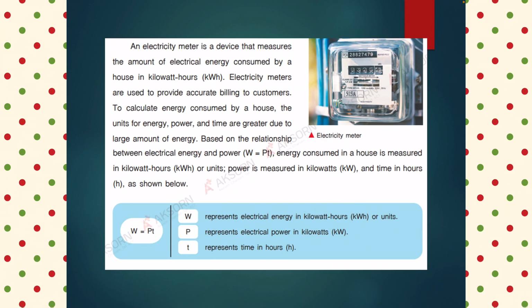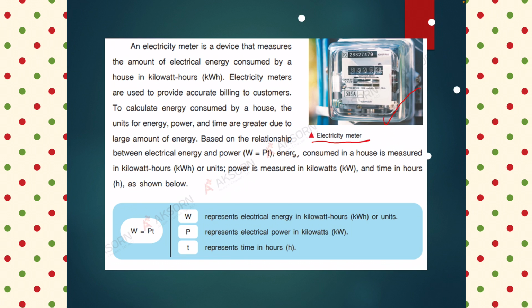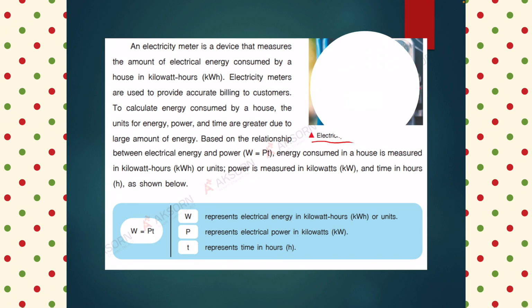Now let's move on. What do you see in the picture? I know most of you are familiar with this one. What is that? Very good. This is what we call electricity meter. An electricity meter is a device that measures the amount of electrical energy consumed by a house in kilowatt hours.